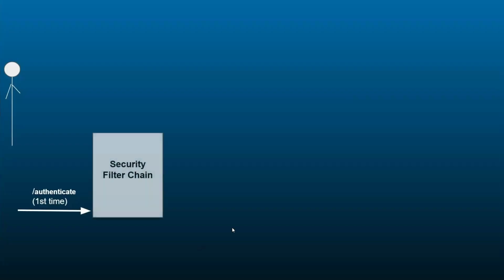So let's understand the flow of JWT based security. When we apply JWT security on our Spring Boot application, we have to create one authenticate API. The first time, those who want to access the secured APIs have to first call this API, slash authenticate. As part of this API, they have to send username and password.